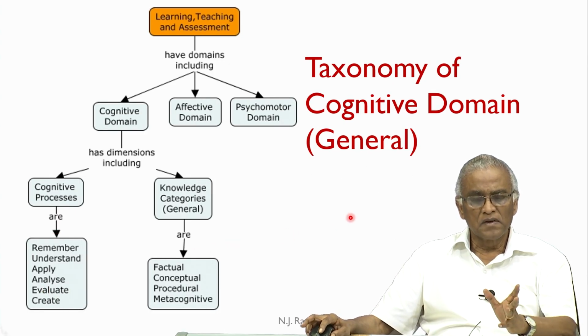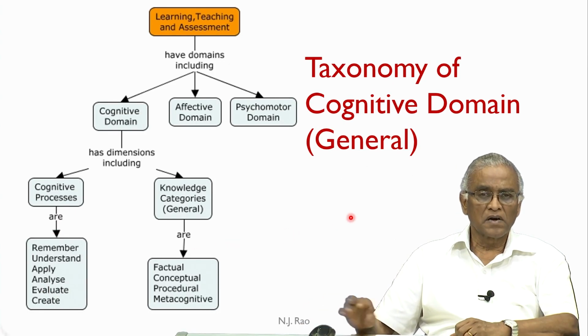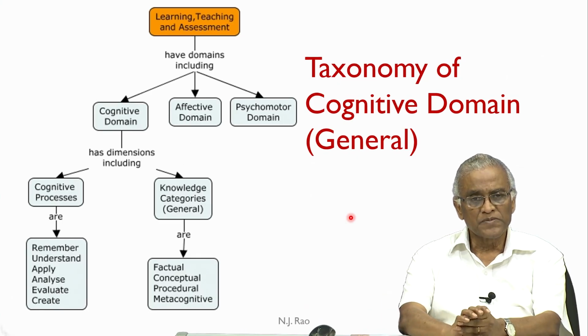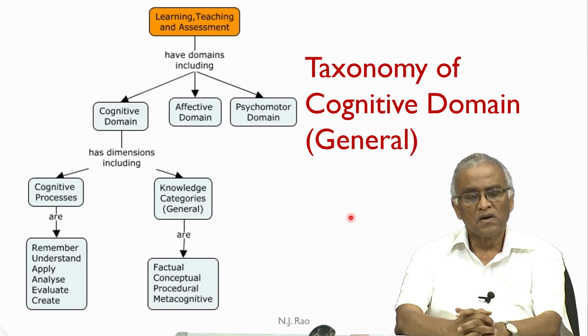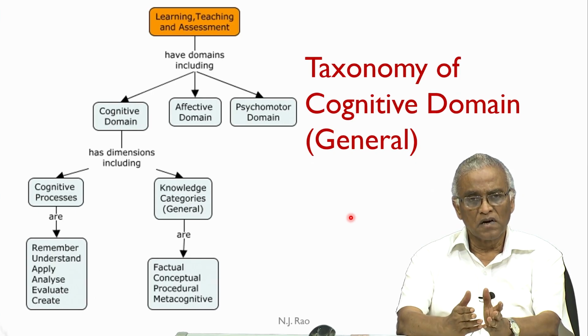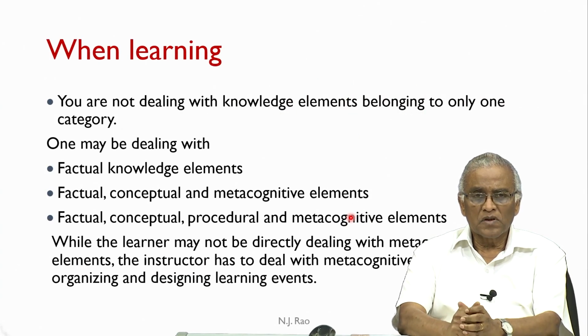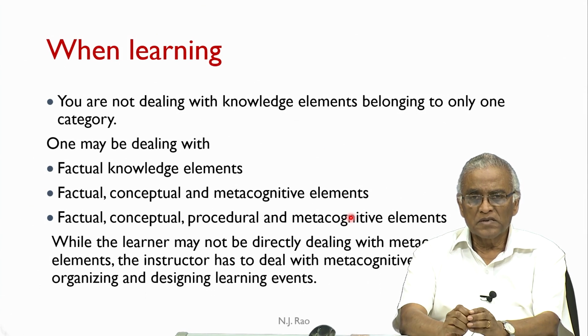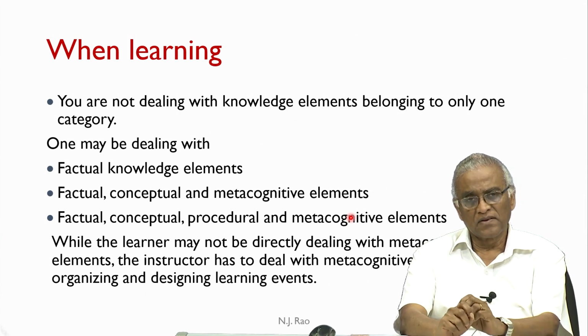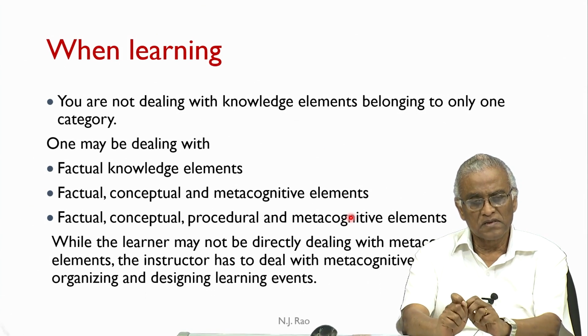So the taxonomy of the cognitive domain can be captured using a tool we call a concept map. When you are learning, you are not dealing with knowledge elements belonging to only one category or one piece of knowledge.